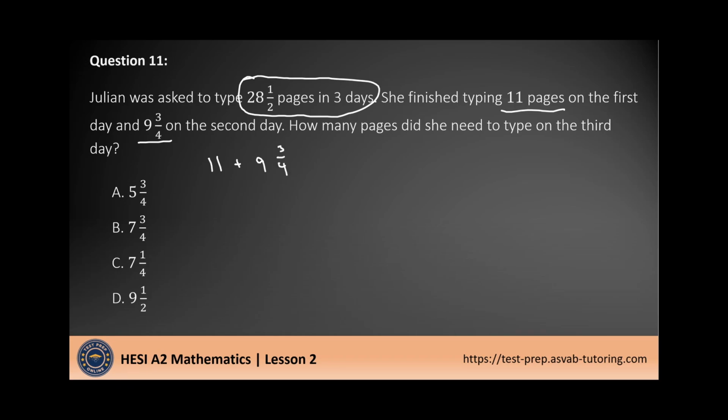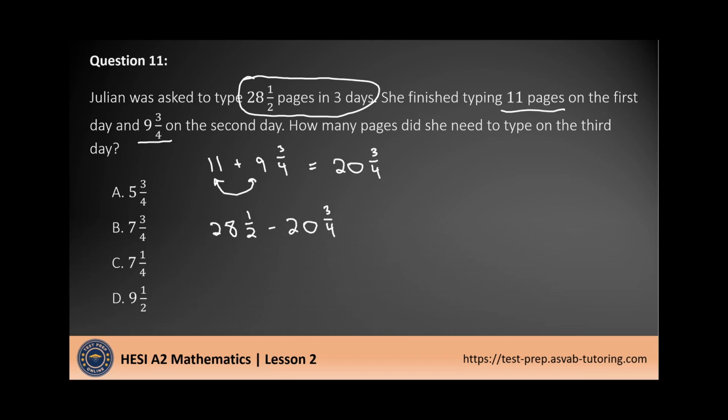So notice there's no fraction accompanying that 11. So very simple here, we can just add 11 and 9. Add our whole numbers together. That's going to be 20 3/4. And then we needed to type 28 1/2 pages. So let's find the difference to find how much more we have to go. So we have 28 1/2 minus 20 3/4.